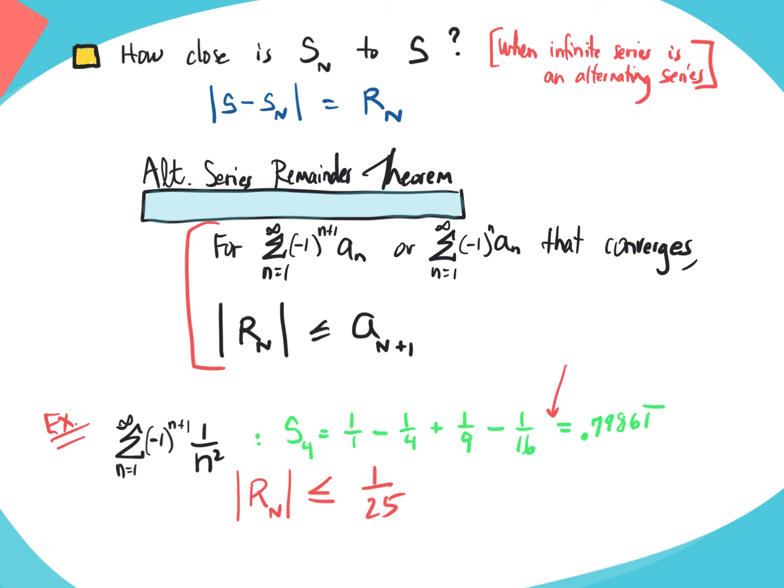That's it. Finding the bounded error for alternating series that converge is really easy. You just take the first neglected term, in this case 1/25, and we know for a fact that our partial sum is no more than that amount away from the infinite sum.